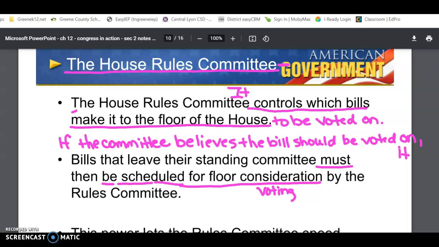And the people that will be voting on that will be the members of the Rules Committee.